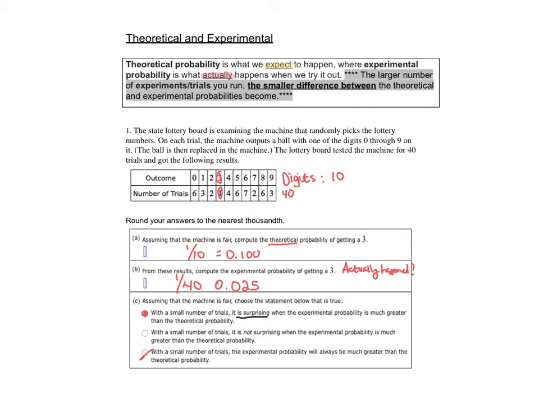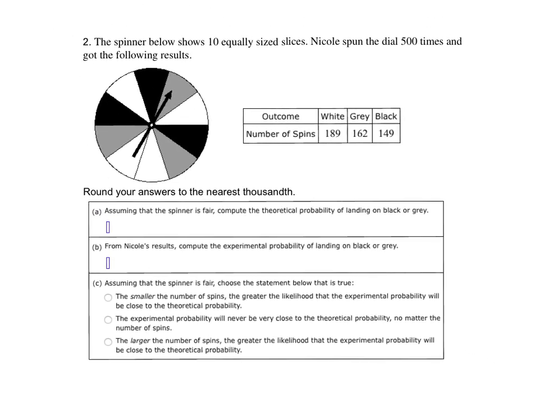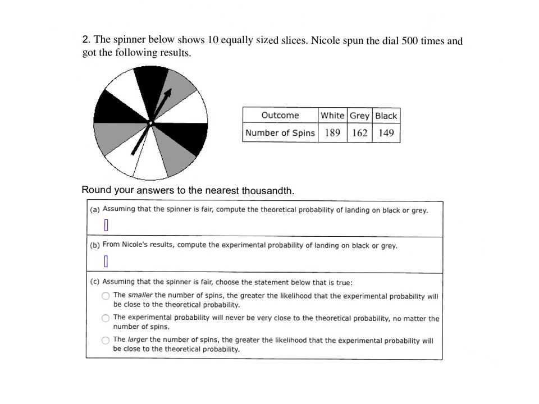Okay, last page. Spinning a spinner. I'll make this bigger for my notes. Now there's something nice about a spinner. A spinner doesn't really move, and the pieces stay the same.